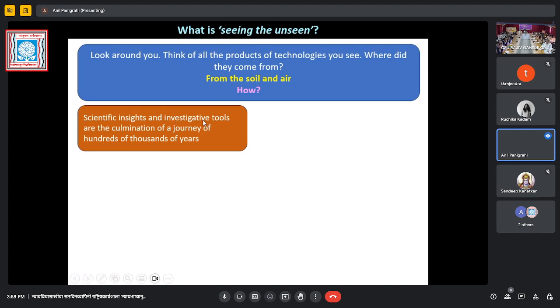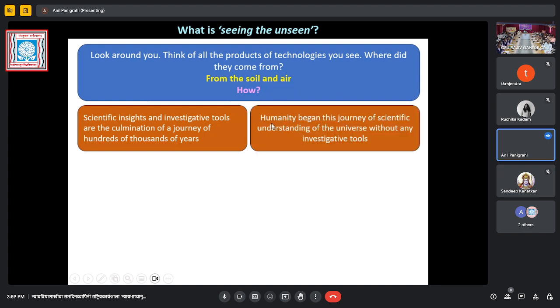Now, think about it. Scientific insights and investigative tools that we use for scientific experiments and also infrastructure development are the culmination of a journey of hundreds of thousands of years. And we saw here everything has come from the soil and the air.